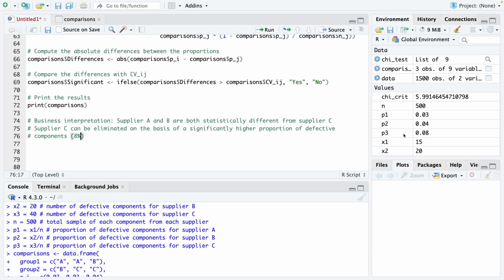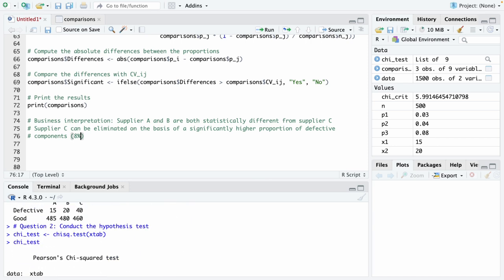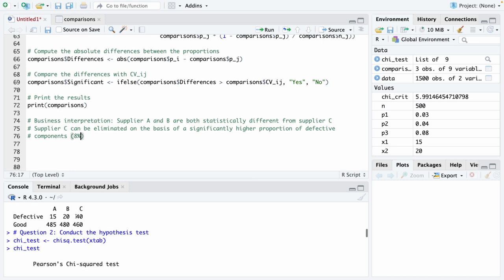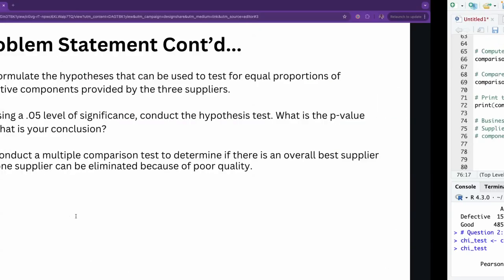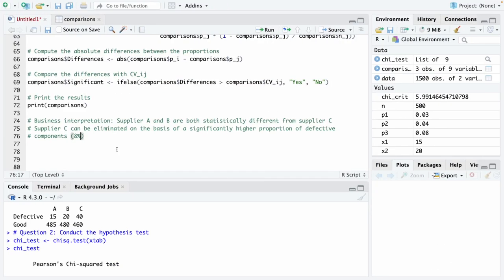You can see that supplier C has 8%, which is 40 electric components that are defective, which results in that 8%. It's too much. So our question was asking if one supplier can be eliminated because of poor quality. Obviously, that will be supplier C because they have the higher proportion of defective components.